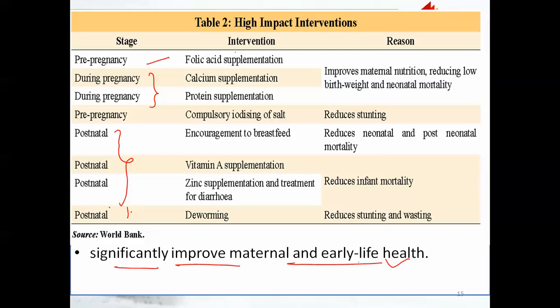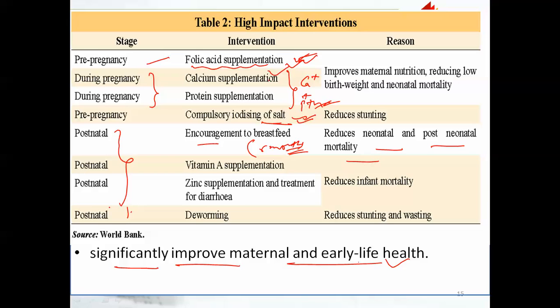Now, folic acid supplementation should be pre-pregnancy, that is even before conception it should start. During pregnancy, calcium and protein should be high in diet. Pre-pregnancy, salt should be there along with folic acid. Postnatal, during the first 6 months, there should be encouragement to breastfeeding because it reduces neonatal and postnatal mortality.